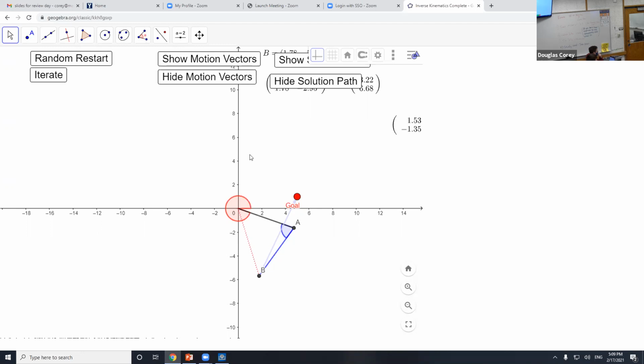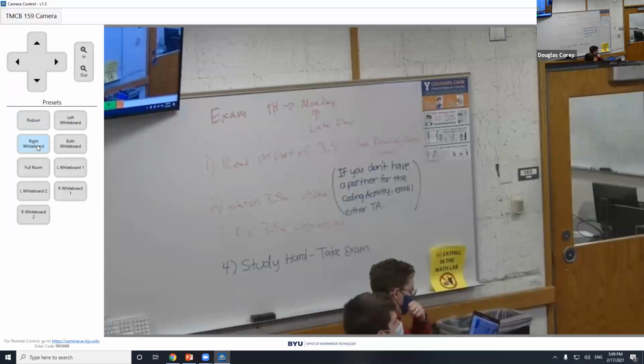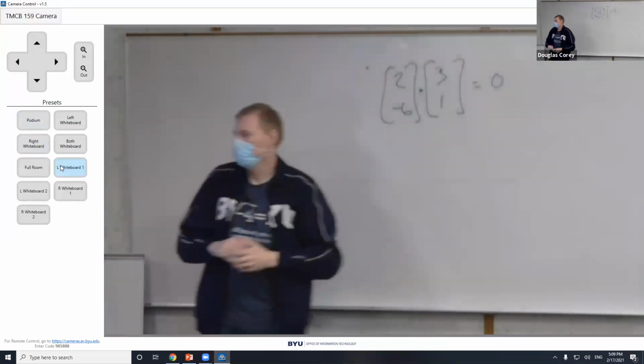So what's an orthogonal vector to 2, -6? You need to pick something here. We can take the dot product and get 0. Yes? 3, 1. So 3, 1 and 2, -6, the products add together to get 0. Nice.